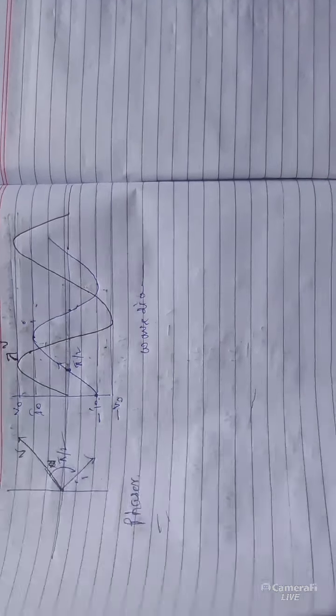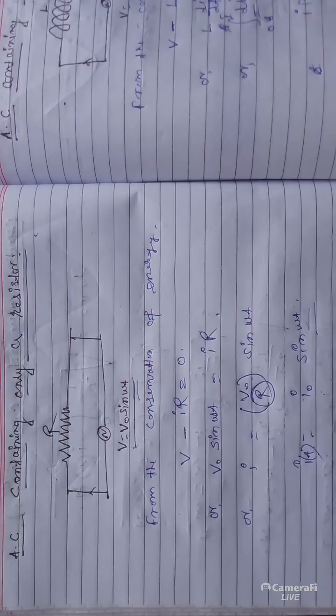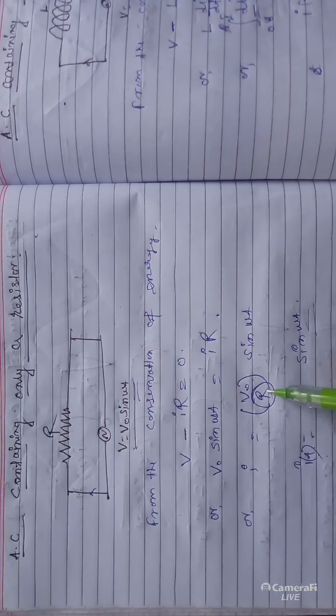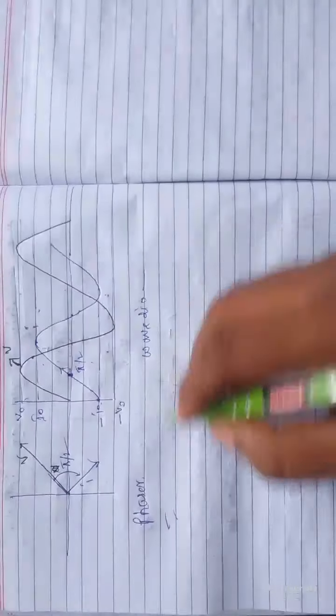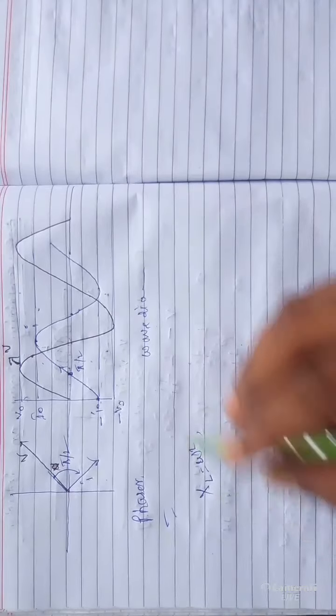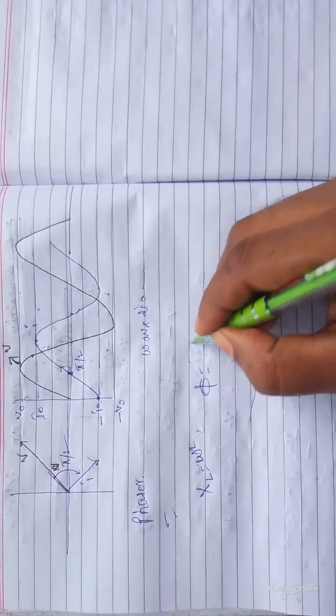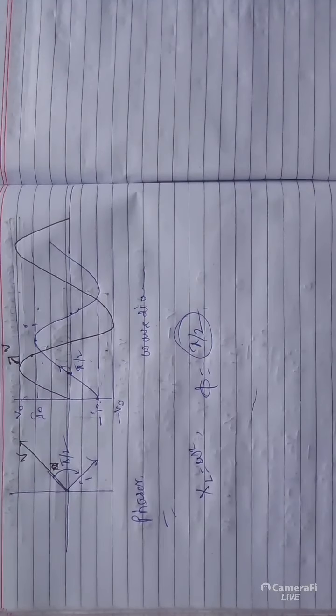For the resistive circuit, the reactance value is R only, as resistance is a pure quantity. For a pure inductive circuit, the value of XL is equal to omega L, and the phase difference phi is pi by 2. In this case, the current lags the voltage by an angle pi by 2.